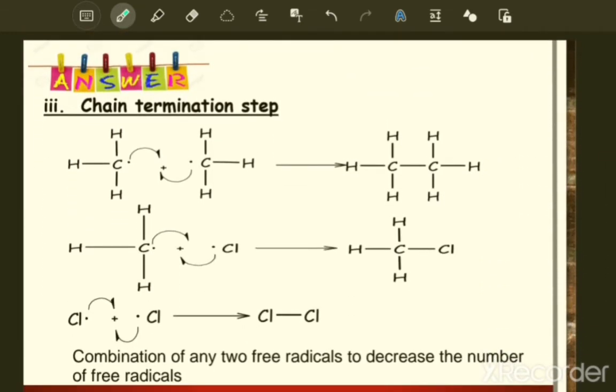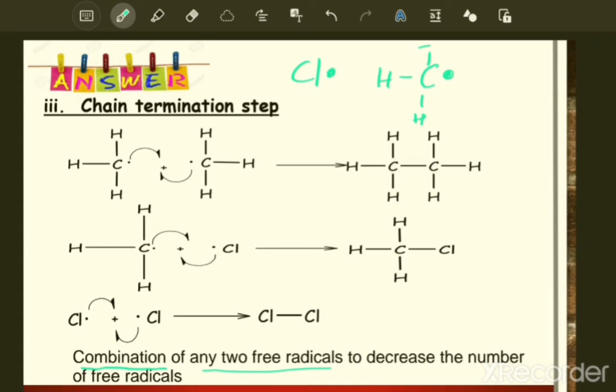And then for our last step, this is the chain termination step, where we combine any two free radicals to decrease the number of free radicals. In this reaction, we have two types of free radical, that is chlorine free radical and alkyl free radical.